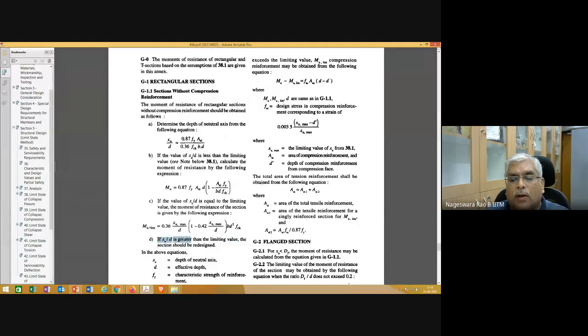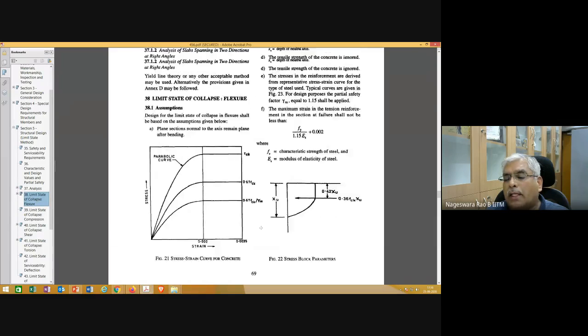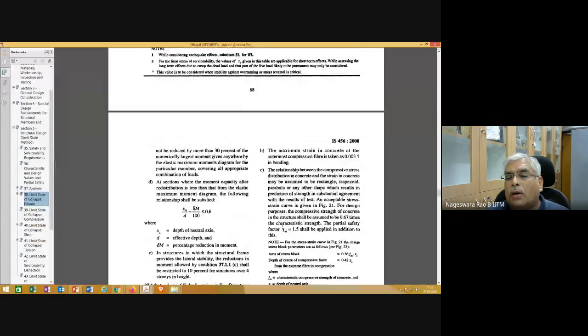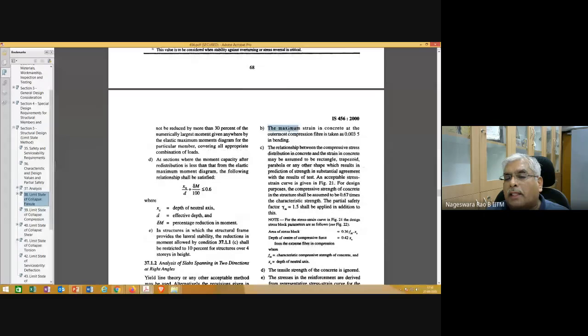So just to take a note of it, if Xu divided by D is greater than the limiting value, the section should be redesigned. Why does it have to be redesigned? Because it's going to violate our assumptions. It's going to violate this assumption: maximum strain in concrete at the outermost compression fiber is taken as 0.0035 in bending.